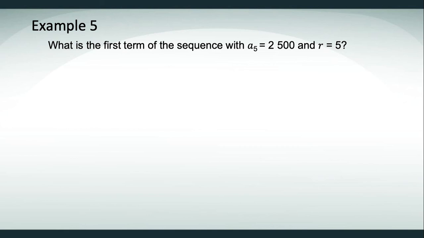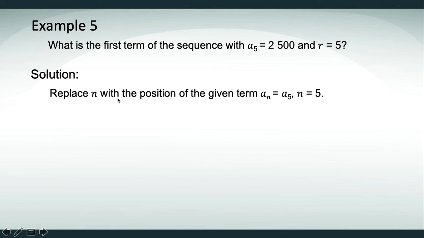For our 5th example, this time we are going to look for the first term of the sequence, given the 5th term and the common ratio. To solve for the first term, let's replace n with the position of the given term. a sub n is equal to a sub 5 and n is equal to 5.